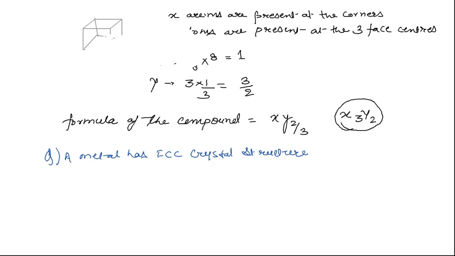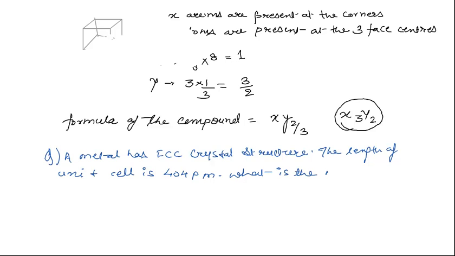The length of the unit cell is 404 picometers. What is the molar mass of the metal atoms?